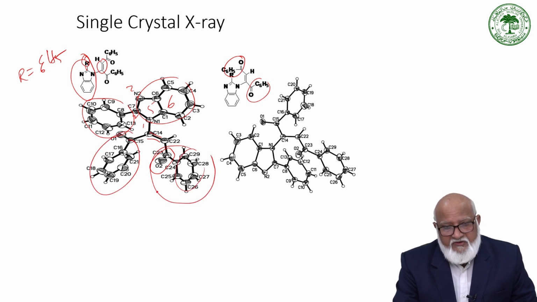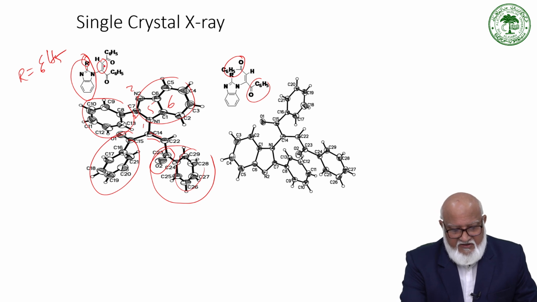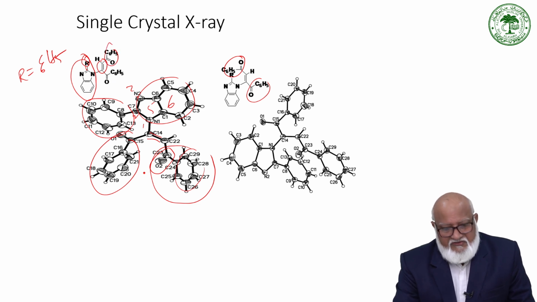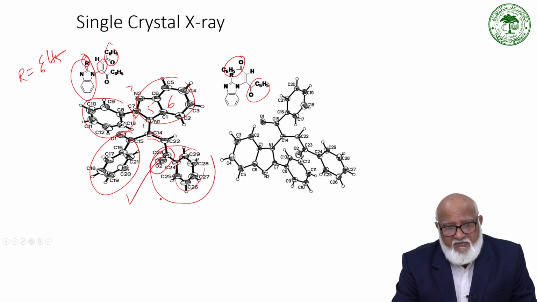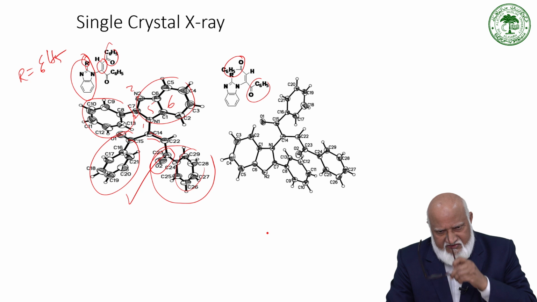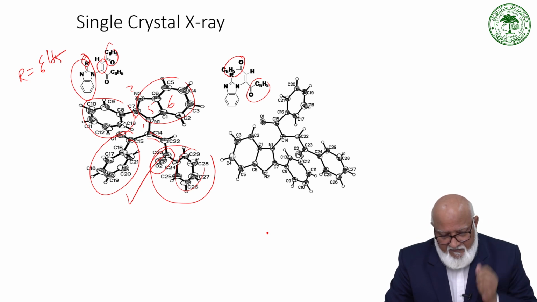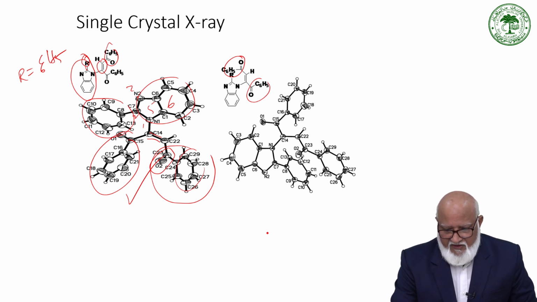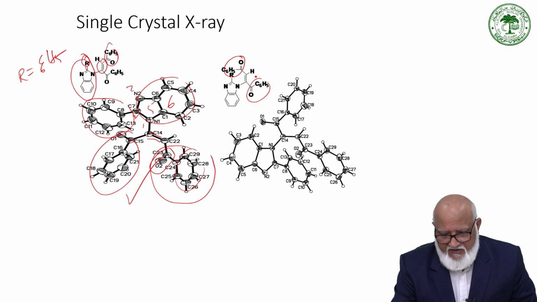Both are in the cis orientation across the ethylene. This single crystal X-ray is well established, and the structure is beyond doubt, confirmed not only by spectral analysis but unambiguously by single crystal X-ray structure.